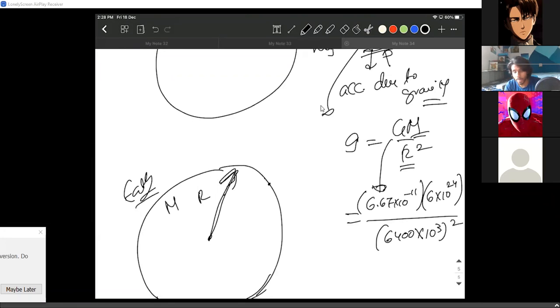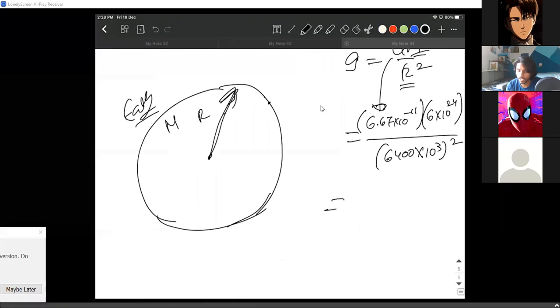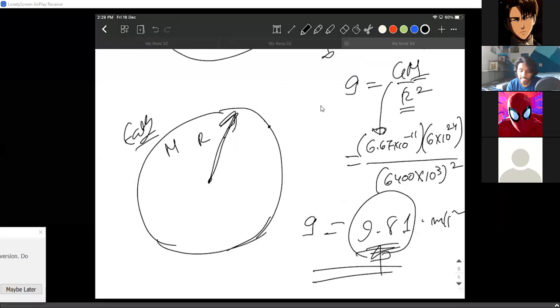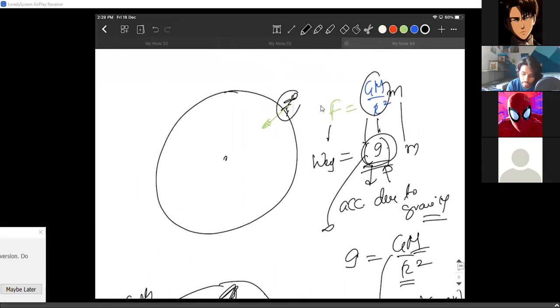Can somebody grab a calculator and give me the answer for this? Are you seriously going to do that? It comes to something around 9.81, 9 point something like that. We don't really need it. Okay, it comes around this value. Now, where did we calculate it? On the surface.